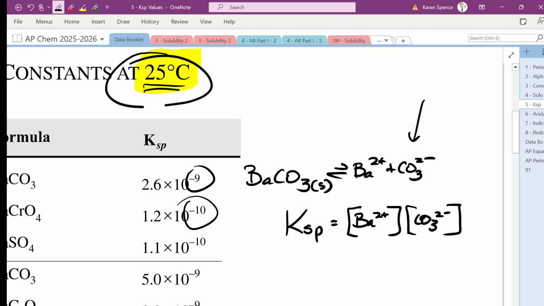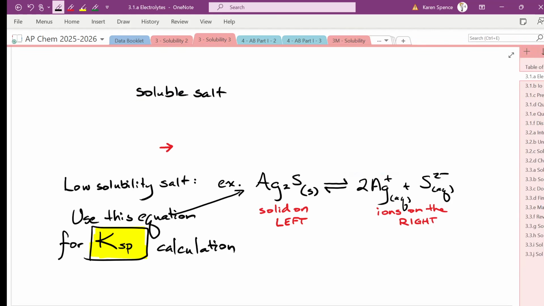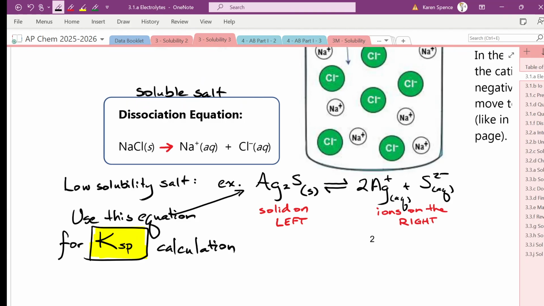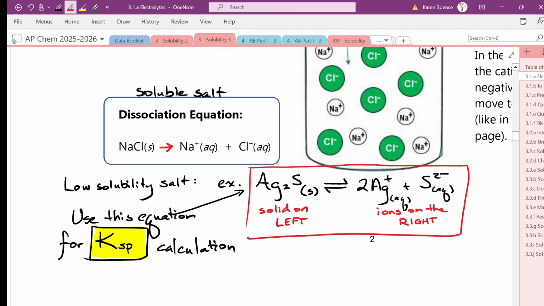We don't have to go 1 over barium carbonate. This particular equation actually gets its own name. It is called the solubility equilibrium equation.